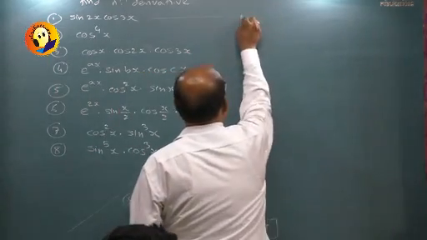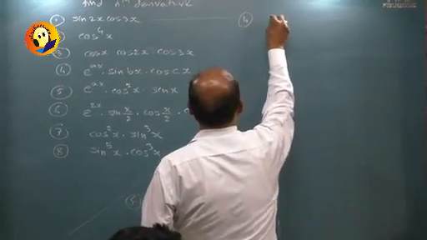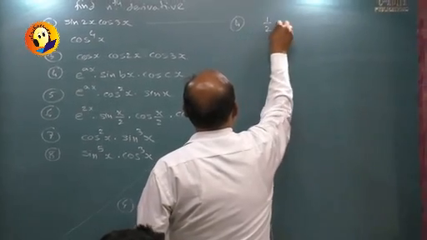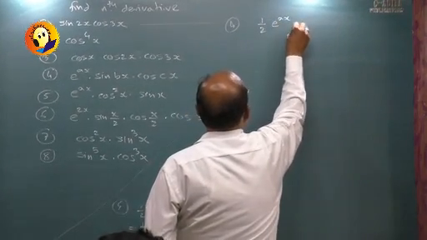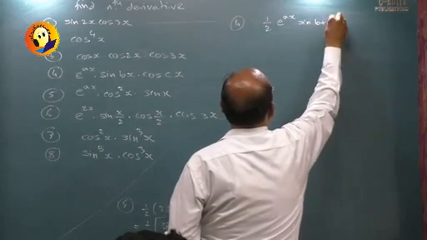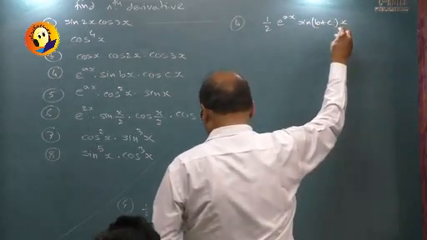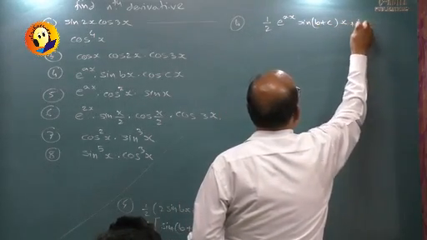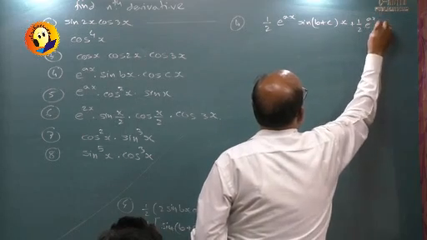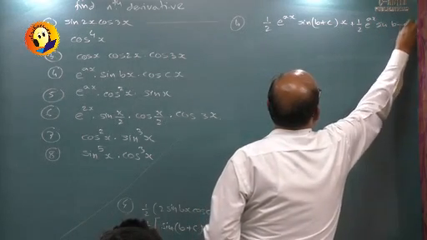So the fourth one will be written as half e raised to ax sin of (b plus c) into x plus half e raised to ax sin of (b minus c) into x.